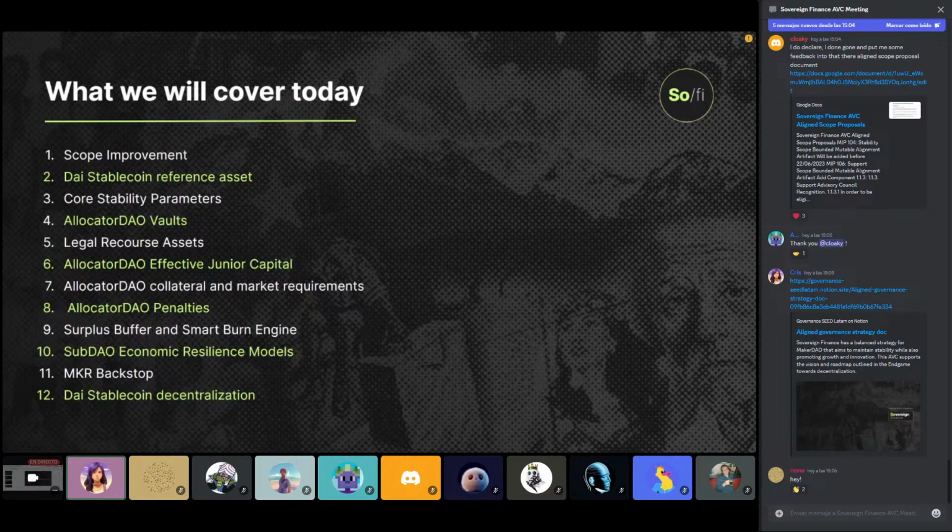This is going to be really interesting, and we're here to learn and understand this scope more, so that we can also make proposals that fit better into the scope. That said, let's start.